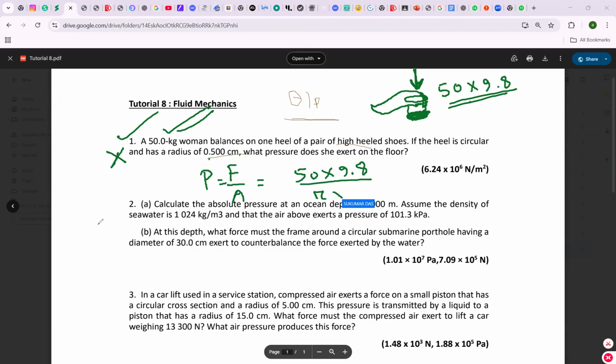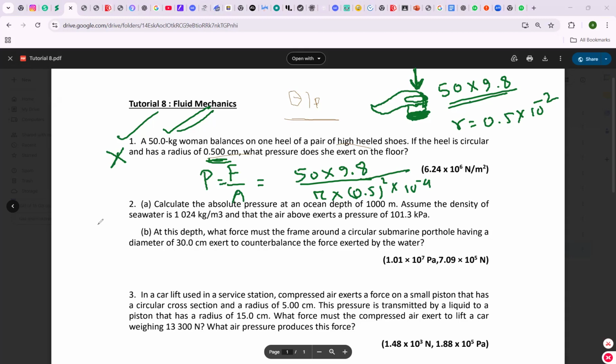R is 0.5 centimeter. Remember, conversion is very, very important. So r is equal to 0.5 times 10 to the power minus 2. So its square will be 0.5 whole square times 10 to the power minus 4. Just use the calculator and check what you are getting.